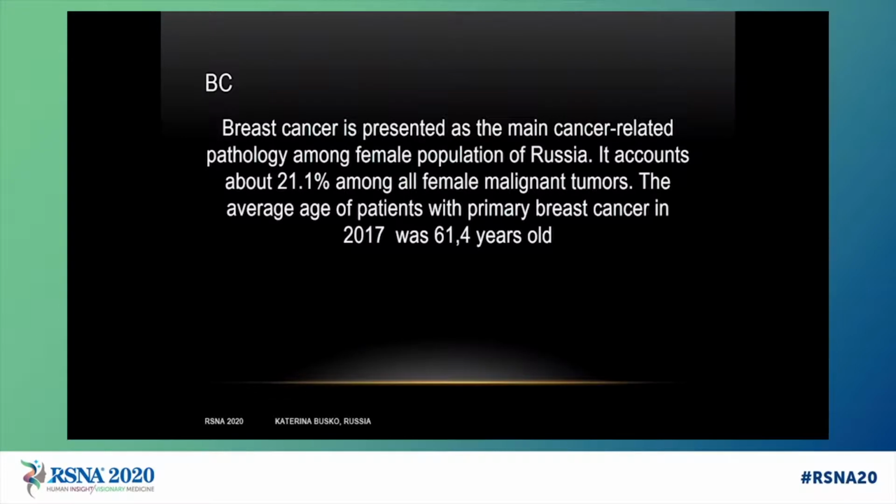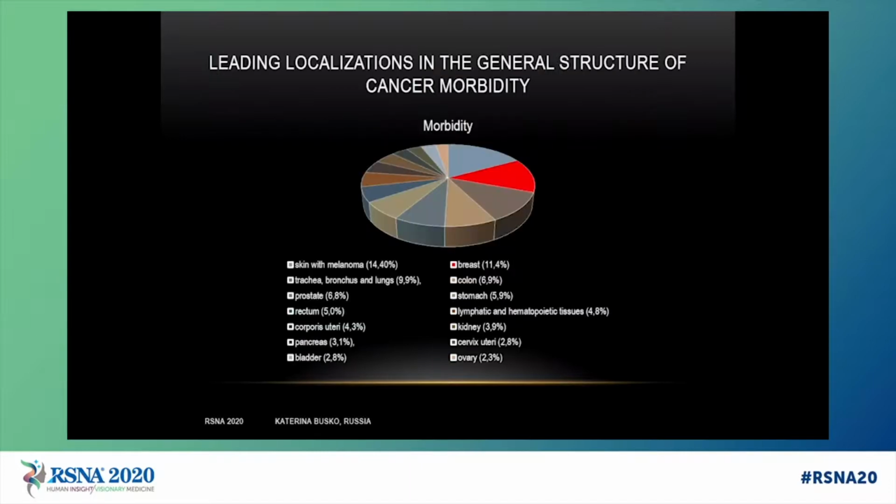Breast cancer is presented as the main cancer-related pathology among the female population of Russia. It accounts for about 21% among all female malignant tumors. The average age of patients with primary breast cancer in 2017 was 61 years old.